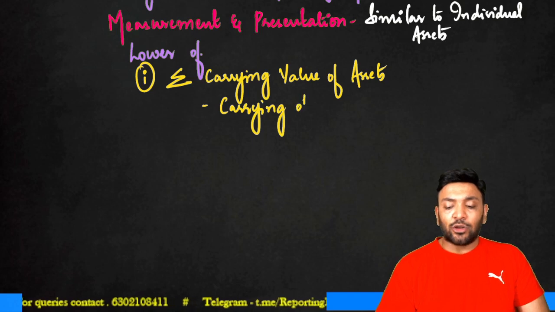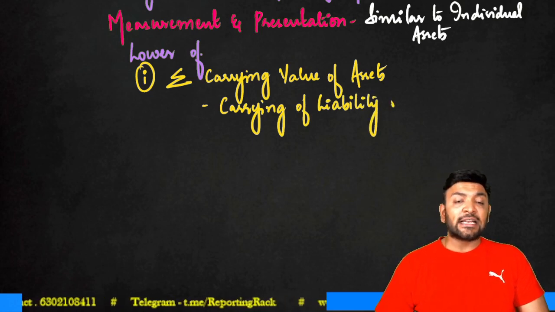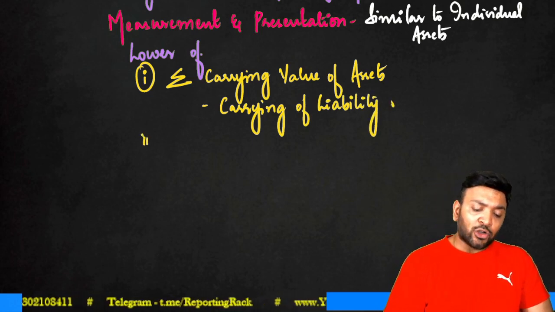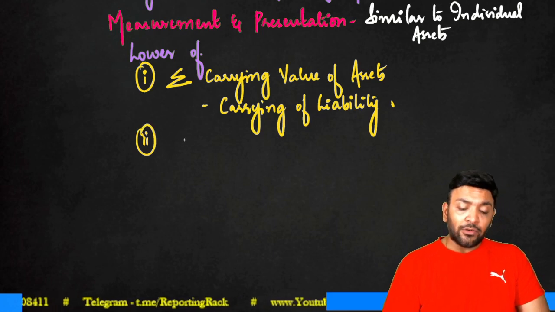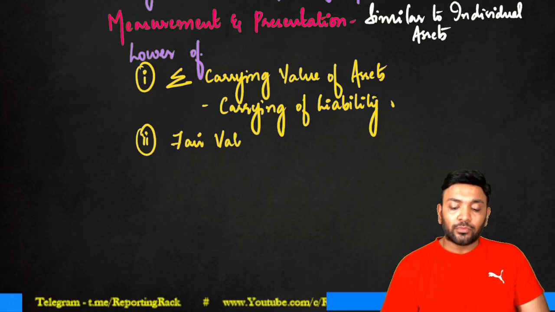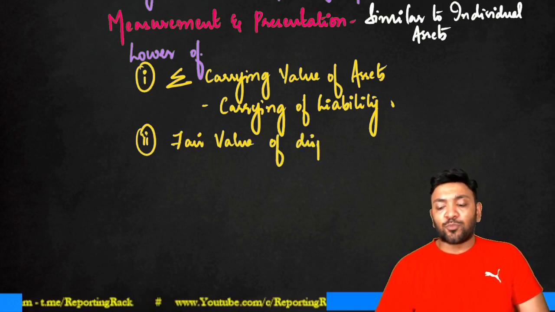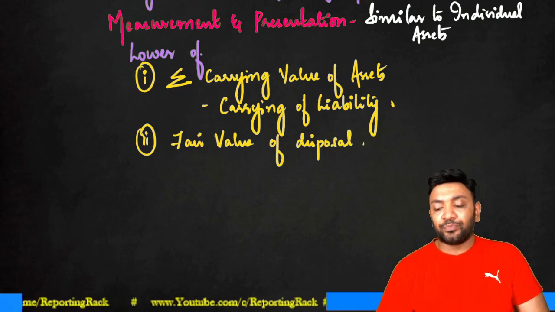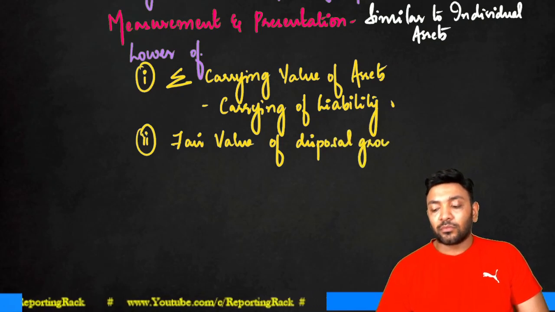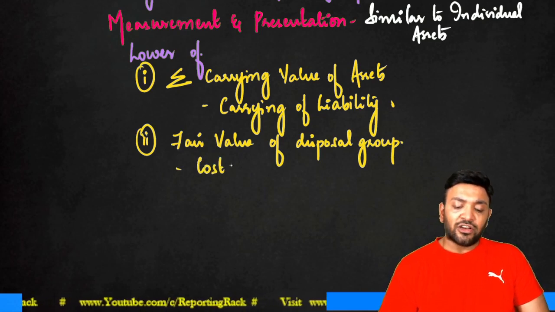If it is attributable to the disposal group, then even the liability should be reduced from the carrying value of the assets. And number 2, what should I be comparing it to? Fair value of the disposal group when all the assets are disposed in a single transaction, minus cost of disposal.